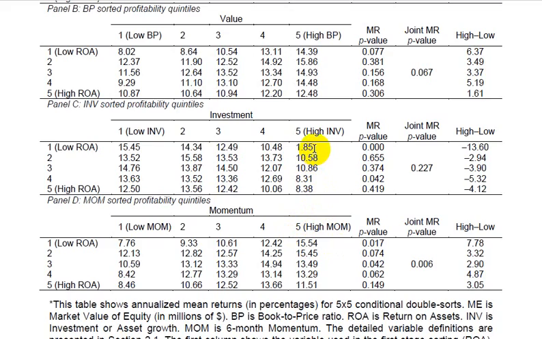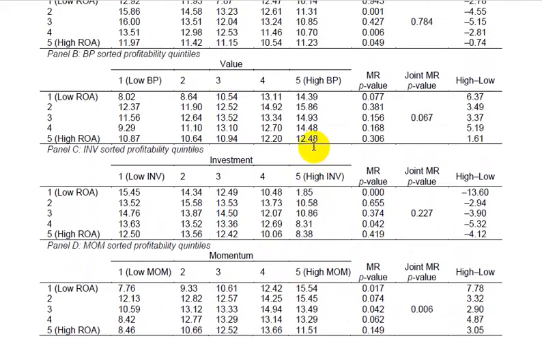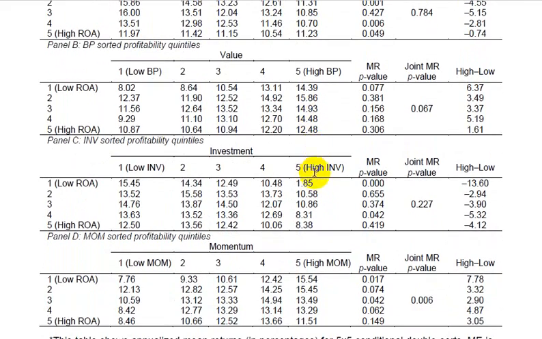And also we have here almost an anomaly, this 1.85%, but this is in line with prior studies as well, where the least profitable companies that have the highest amount of investment tend to return the least. So it might be a good strategy to avoid those types of companies altogether.